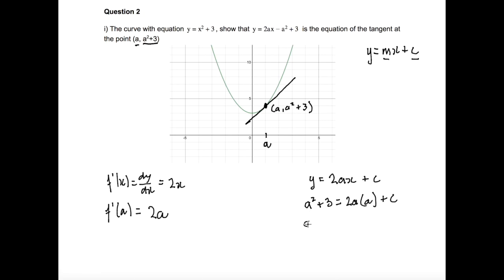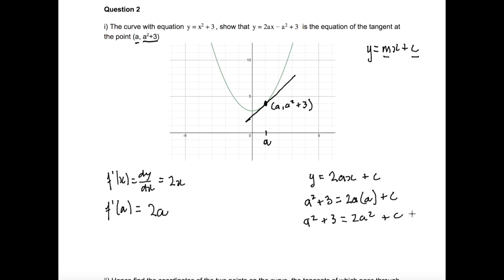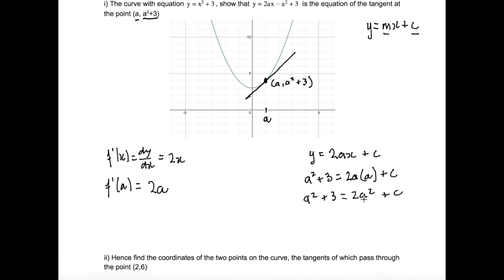Solving this, we get a squared plus 3 equals 2a squared plus c. Then subtract 2a squared from both sides, so we're left with c equals minus a squared plus 3. Hopefully I got that right. Subtract 2a squared, yep. Now we know everything we need to know.